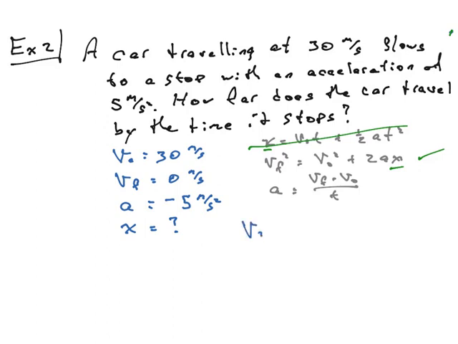Second equation says VF squared is V naught squared plus 2 times A times X. Now I could plug my numbers in.